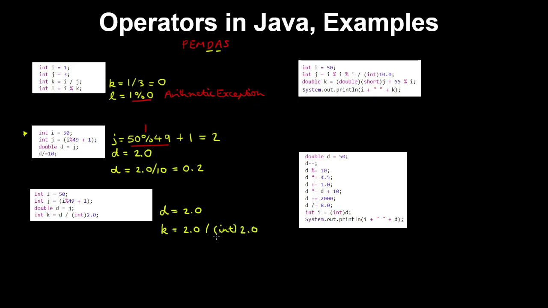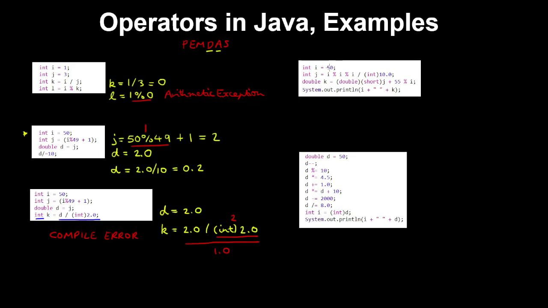So the cast gets evaluated first, and 2.0 is cast to an int, and then 2.0 on 2 is 1.0, and therefore 1.0 is being assigned to an int, and that gives a compile error, because we can't assign a double to an int.